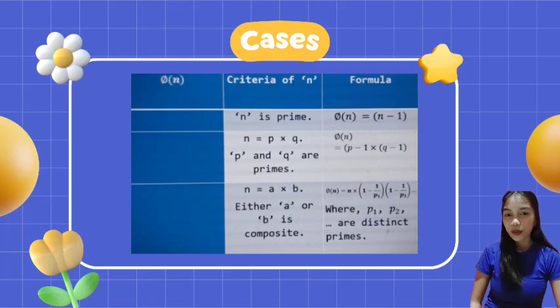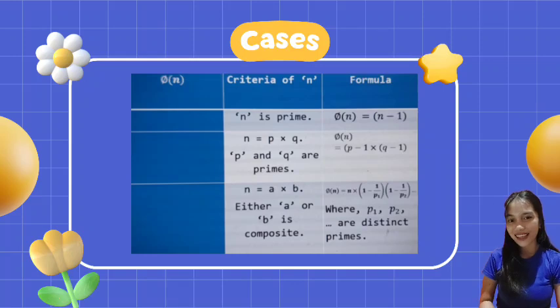The formula that we will be using is phi of n is equal to n times the quantity of 1 minus 1 over p sub 1 times the quantity of 1 minus 1 over p sub 2, and so on, depending on how many factors we are using. To further understand the 3 cases of Euler's totient function, let us have an example.